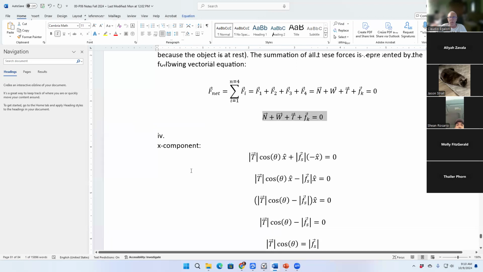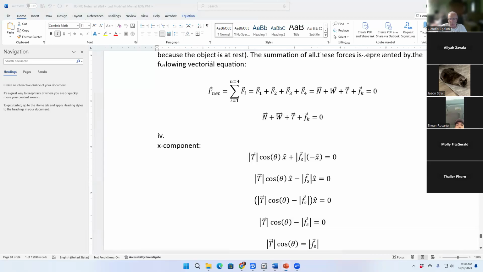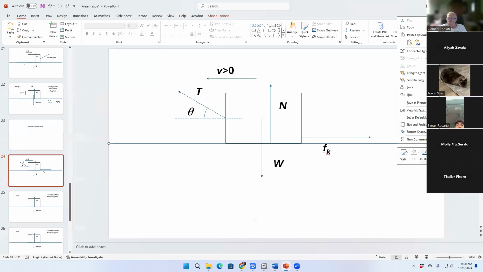Finally, we are going to look at this equation's components. In this case, I made a drawing with this force to the left and this force to the right. Let's say that the x-axis is still to the right.